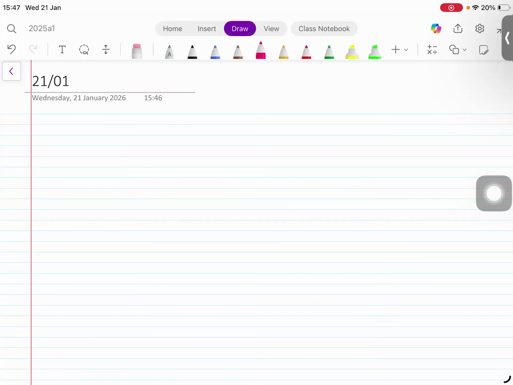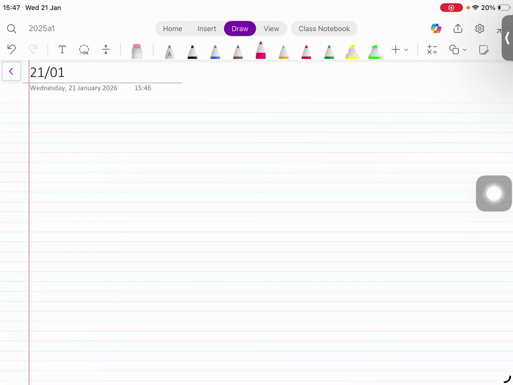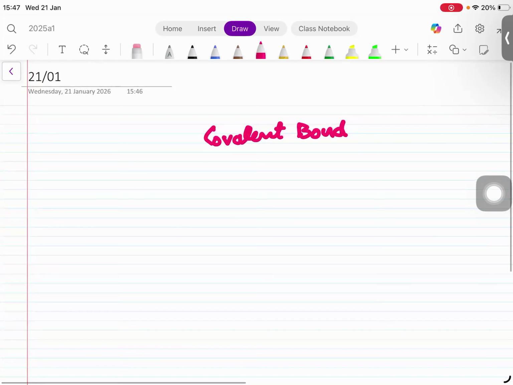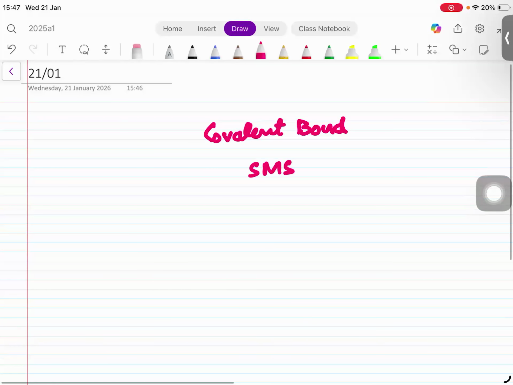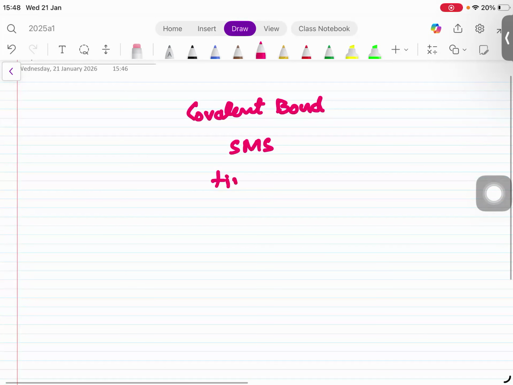Today we're continuing with bonding, and if you remember, we're discussing covalent bonds with simple molecular structure, in which the compound exists in the form of tiny molecules.